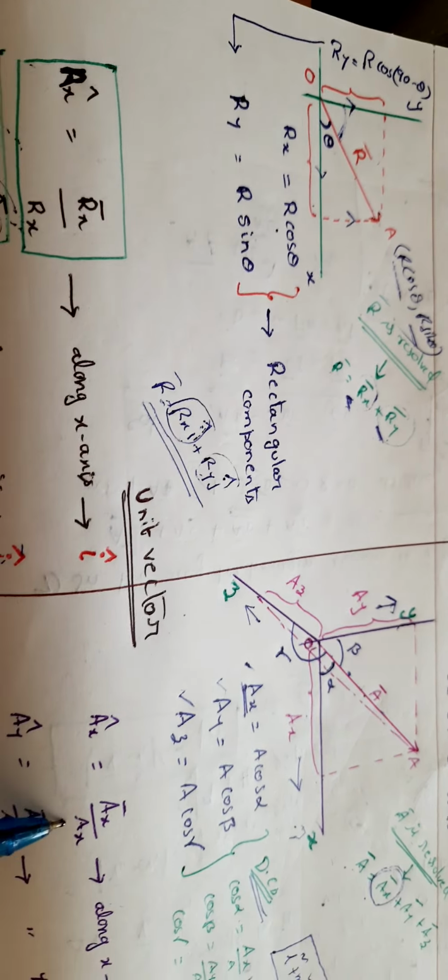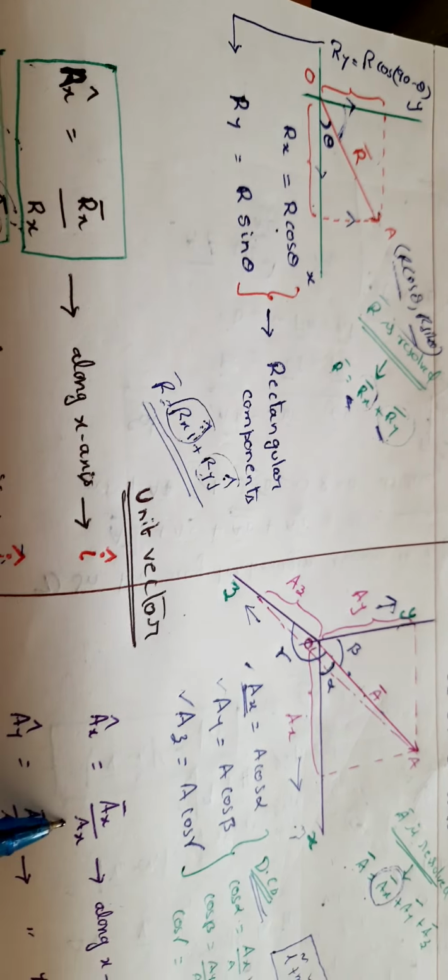Now this is Ax bar, this is Ay bar, this is Az bar. So thus A bar is resolved into Ax bar plus Ay bar plus Az bar along x, y and z axis, having the magnitudes Ax, Ay, Az respectively. Clear? So pause for a minute and observe, and direction cosines is also done now.